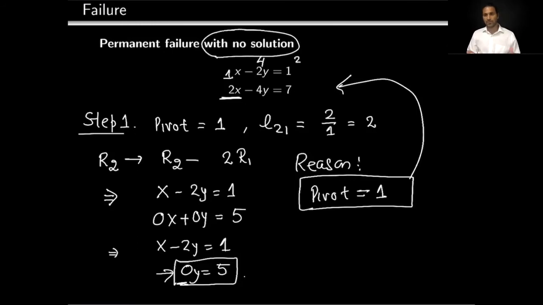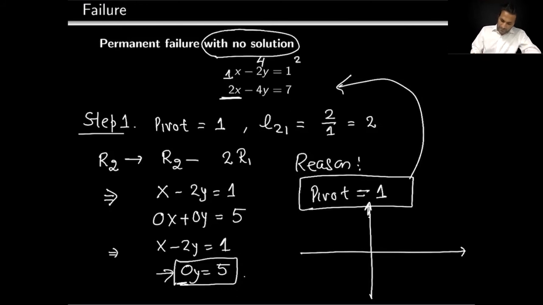One good way to look at why this system does not have a solution is to draw the column picture of the system. You will see clearly that the column picture tells us the geometry behind why the system is failing.